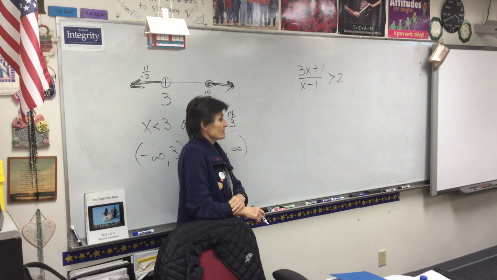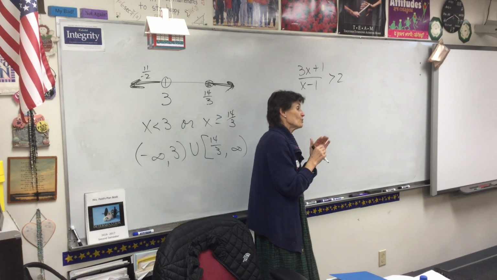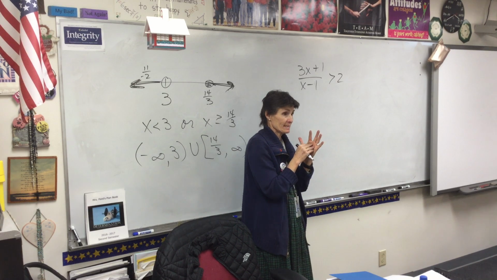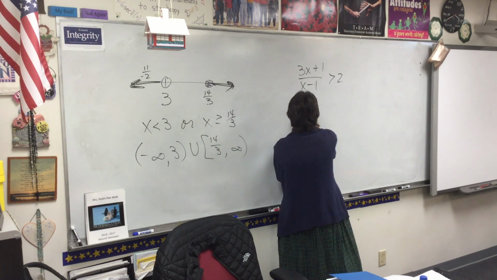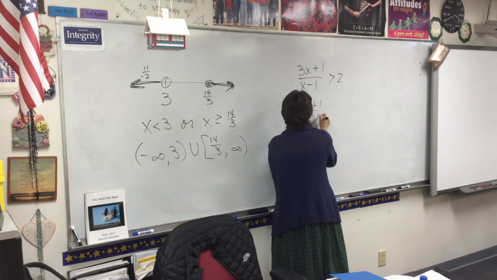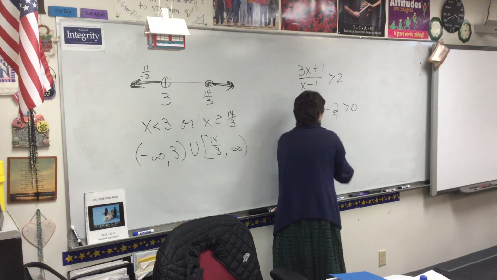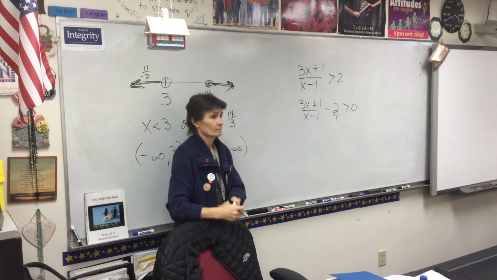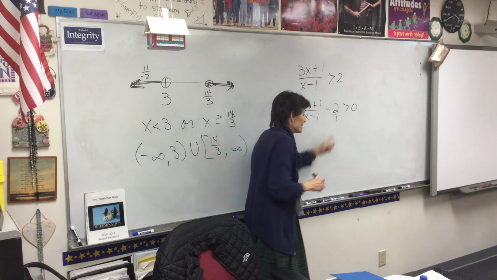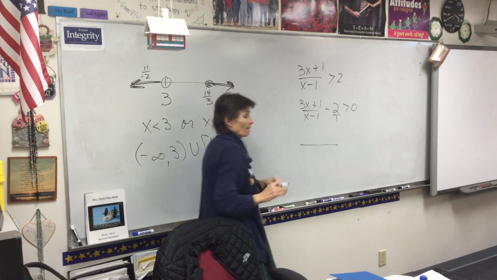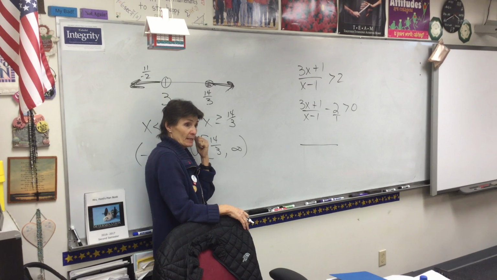Who remembers step 1? Subtract the 2. When you're doing inequalities, there's got to be a 0. So we don't have a 0, so we're going to make a 0. And when we subtract that, it's really 2 over 1. And we need to combine these into one fraction. So we'll need to get a common denominator.